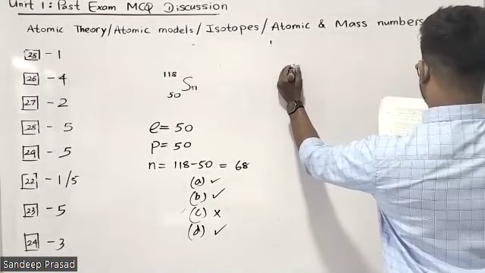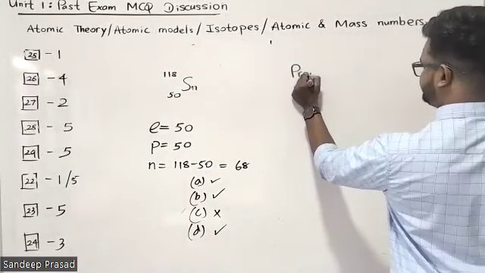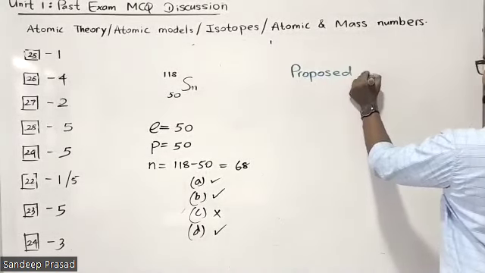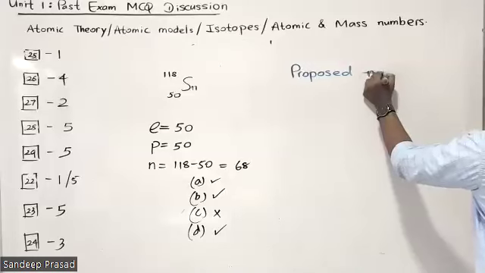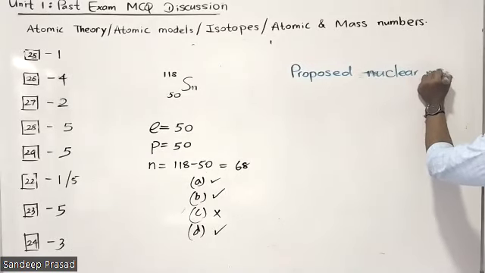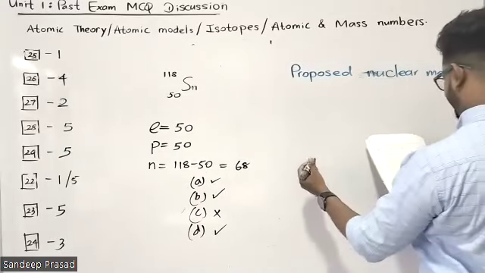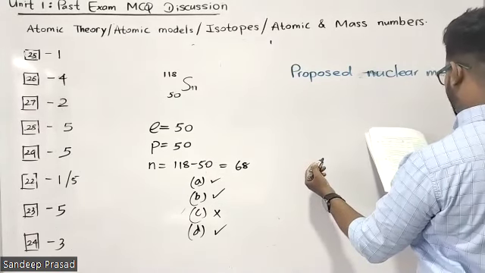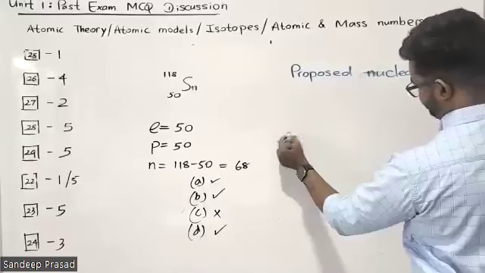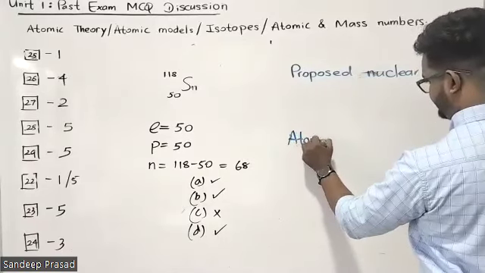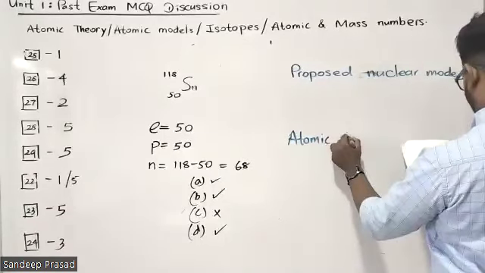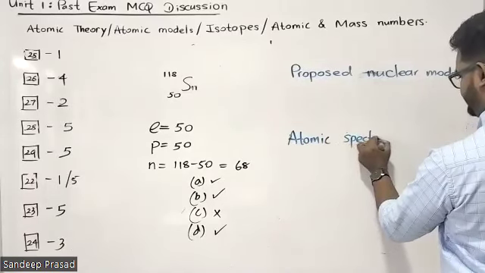First one, they have given: propose the nuclear model of atom, right? Then the next one is interpreted the atomic spectrum of hydrogen. Yeah, you know that. Atomic spectrum of hydrogen.